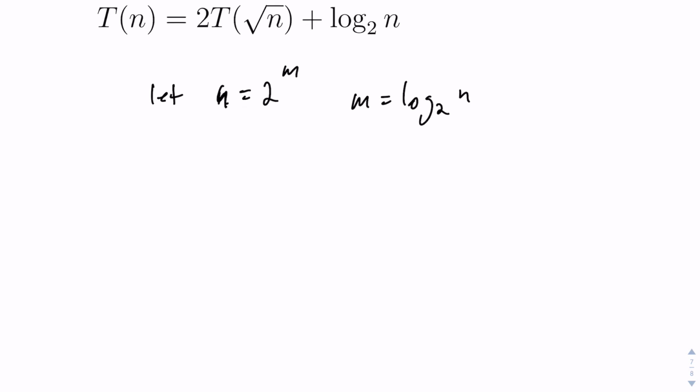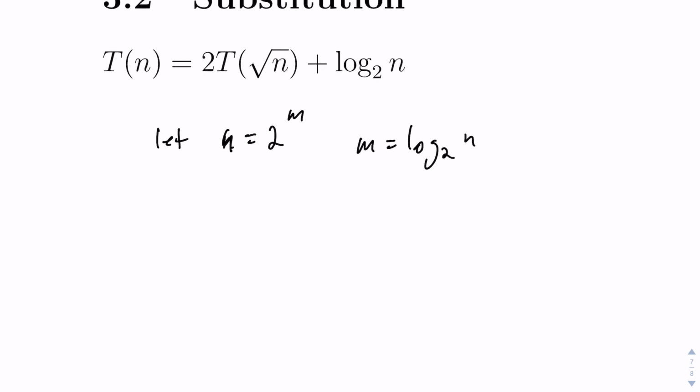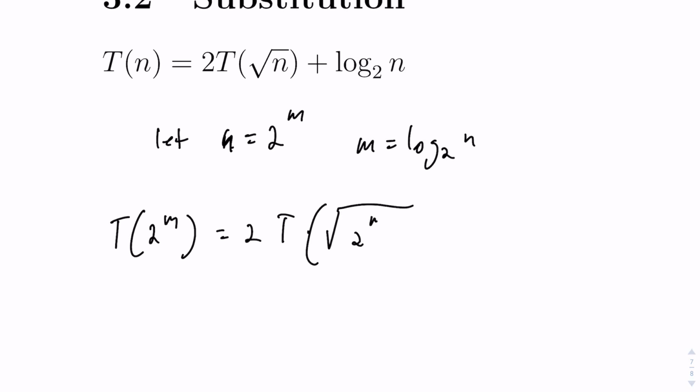If this is the substitution we're going to try, the first step is to substitute it. So what are we going to do? We're going to say T of 2 to the m equals 2 T of the square root of 2 to the m, plus m. Okay?